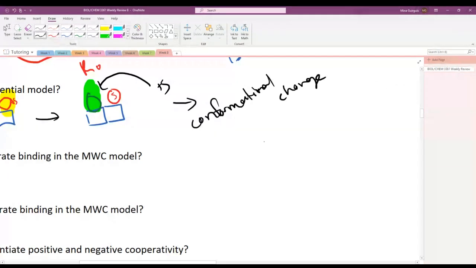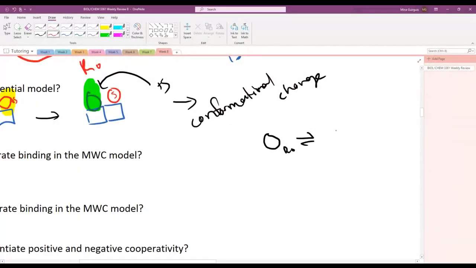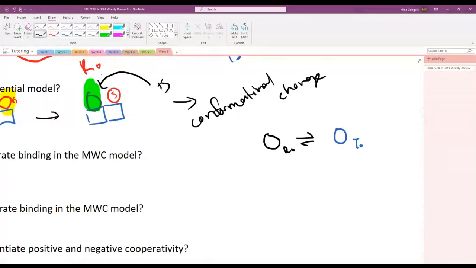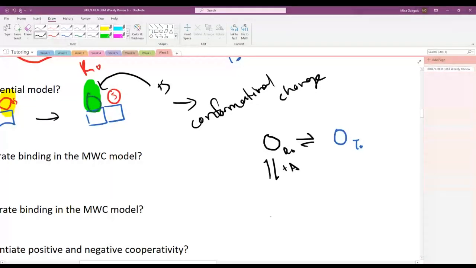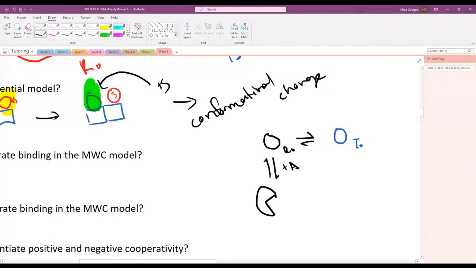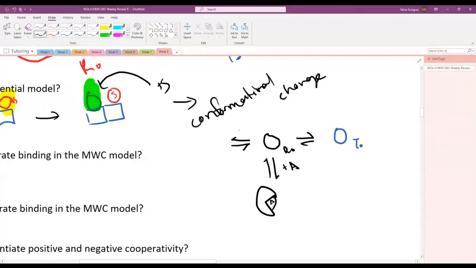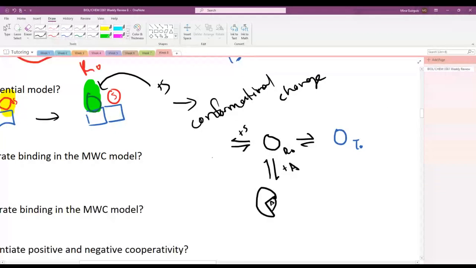We're going to call this R0, just for the sake of not having to draw a million of these. And then the tense form, I don't want to make red because I've been using blue, so we'll keep the tense form as blue. Now your relaxed form can bind to an activator, which we're going to call A. Your relaxed form can also bind to a substrate called S, and I'll draw that in a circle.